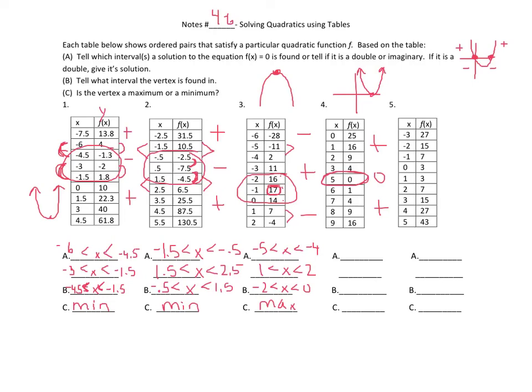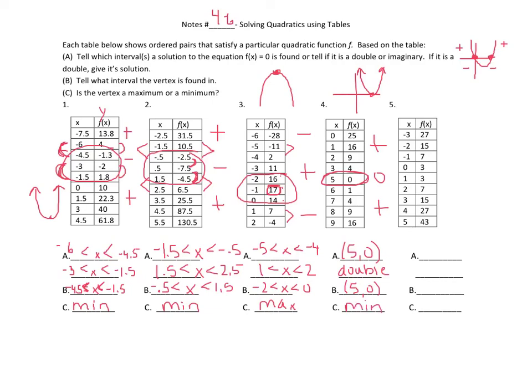So it just has that one solution, which is at (5, 0). Again, we call that a double solution, so you can write that down. And then the vertex, well, if that is my solution, then that's also going to be my vertex. And because it opens up, that vertex is a min.